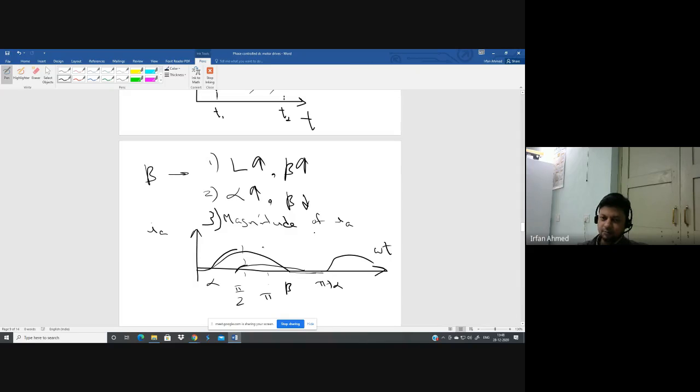And this amplitude of armature current will depend upon the back EMF. Somebody said back EMF, I think. So this magnitude of armature current will depend upon the back EMF as well as the resistance of the armature circuit. Okay? Clear? Yes, sir.